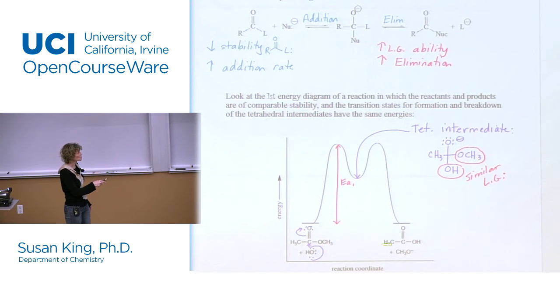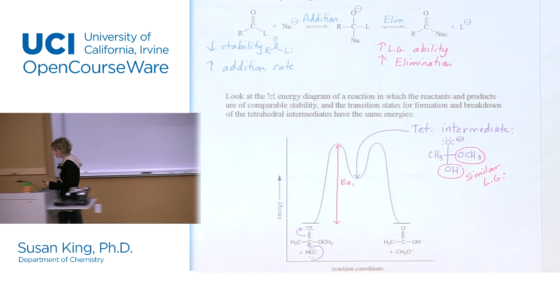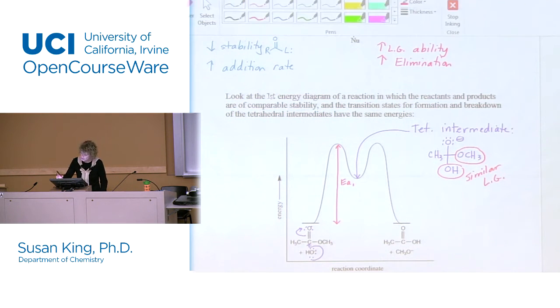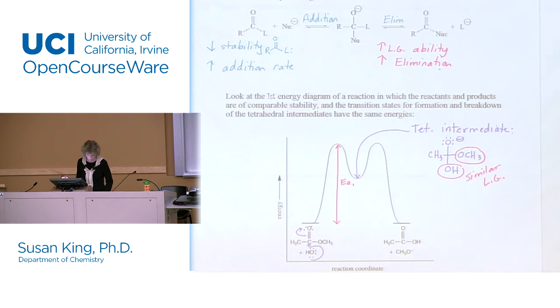and convert it into a carboxylic acid, if we don't drive the equilibrium, we're going to get a 50-50 mixture, right? So we will have to drive the equilibrium here. And we're going to talk about that reaction coming up, but we'll just definitely have to drive the equilibrium. And that's because the energy of activation of the reverse reaction is approximately equal to the energy of activation of the forward reaction.